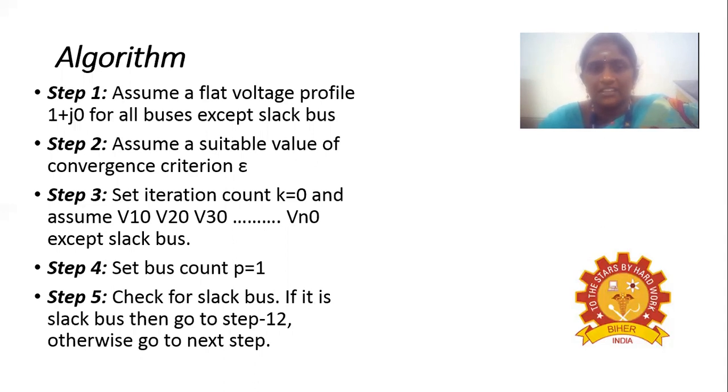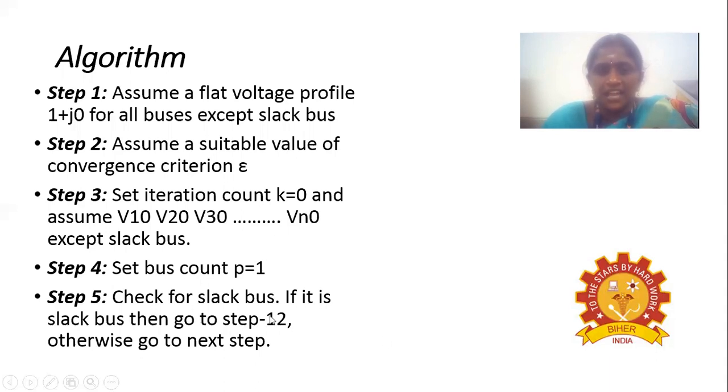While starting the procedure, if you are considering the first bus, then the bus count will be 1. If you finish the first bus and go to the next bus, you have to increase the bus count P to 2. If you go to the third bus, then P will be equal to 3.